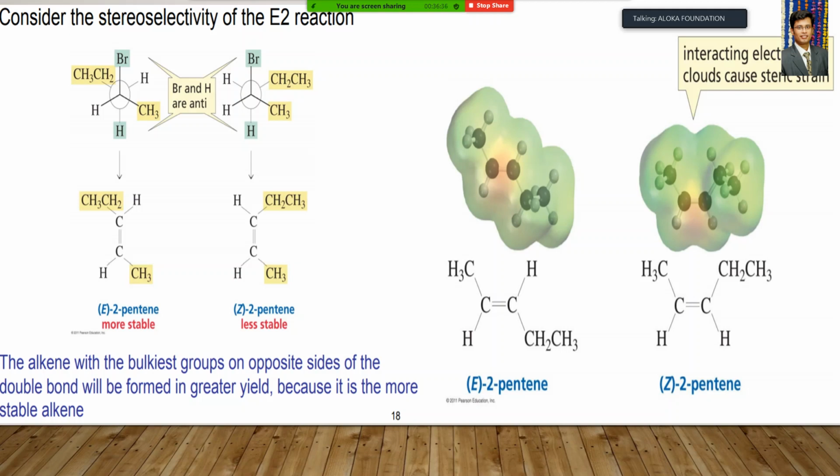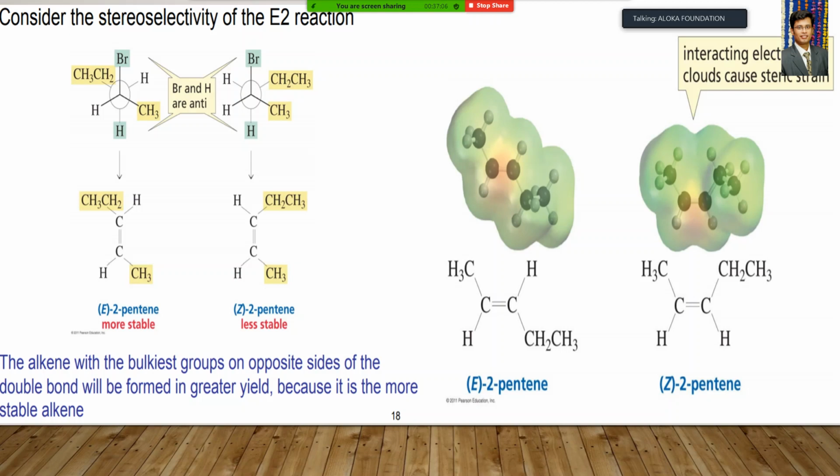Similar to your E1 mechanism, the trans product will be more favored than the cis product, because the bulkier groups are on the opposite side, there is less steric hindrance, and you get a more stable alkene.